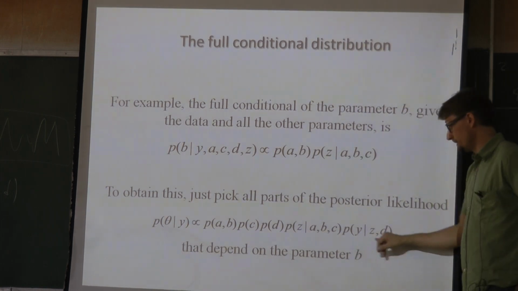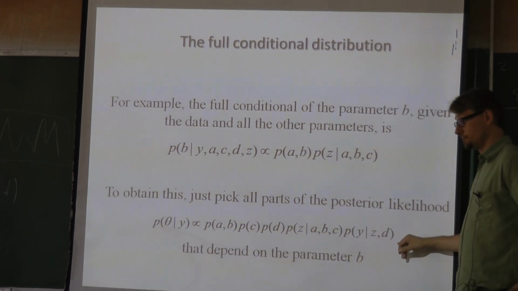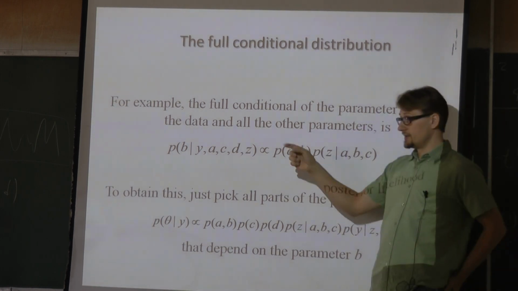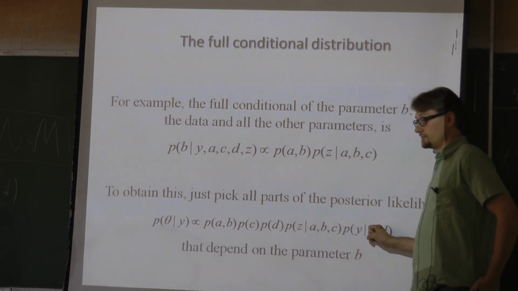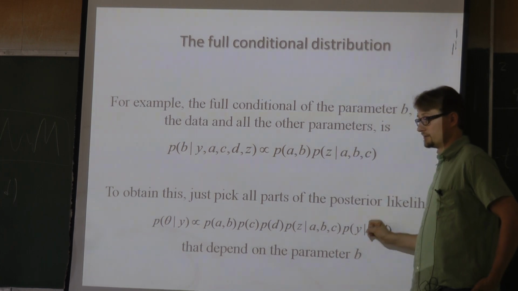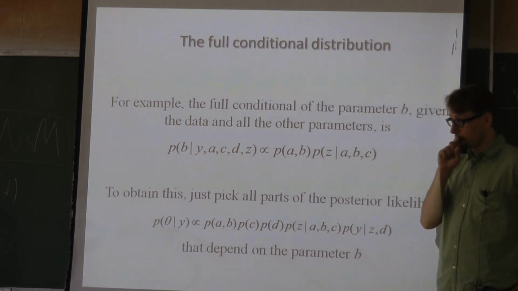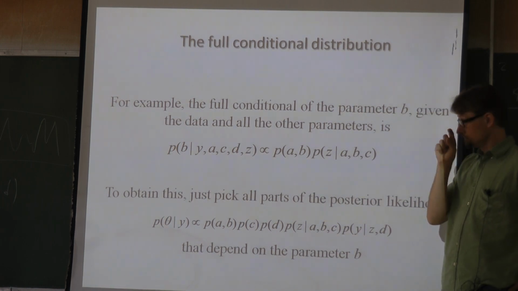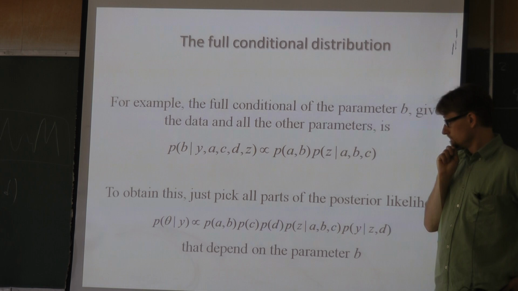And again, it doesn't appear here in the likelihood expression at all, so I can drop that part out. If you think of B, then this is part of the normalizing constant. If you think of some other parameter, this might be more relevant. If it was, for instance, a C here, you wouldn't take the AB, you would take the C. That's the only replacement you would have done.